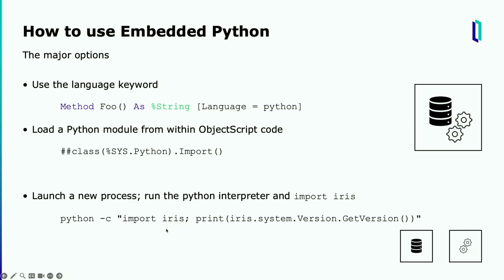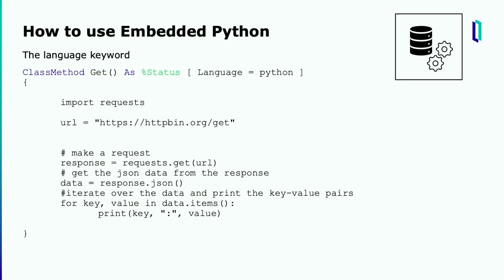So what happens here is it actually creates a shared memory partition between those two processes. So it only works if you're running the Iris Python interpreter on the same machine or within the same container as your Iris instance is located in. And that allows you to basically write Python scripts and have a clear contract with your server-side code. You'll see an example of that.